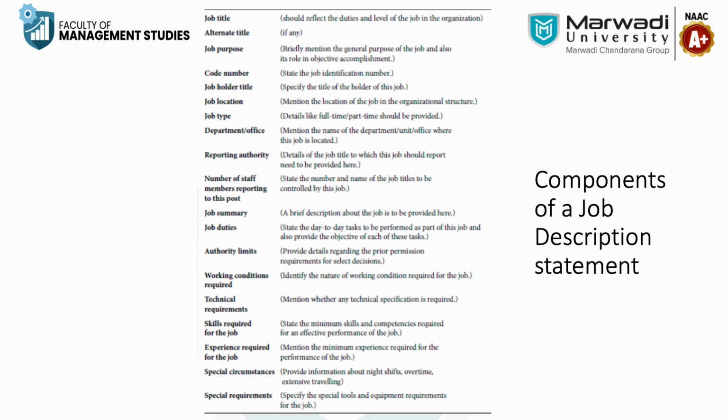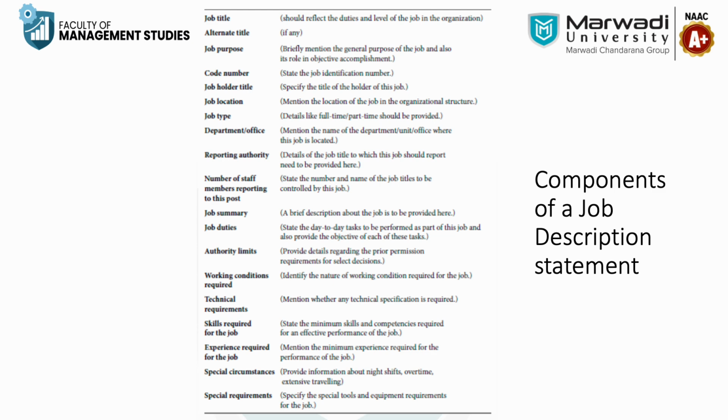But see, first thing, job title, right? It should reflect the duties and level of the job. So have some title, let's say sales manager. That's a title. Sales manager can be a job holder's title, but then specifically you can talk about the job, for example IT or HR.